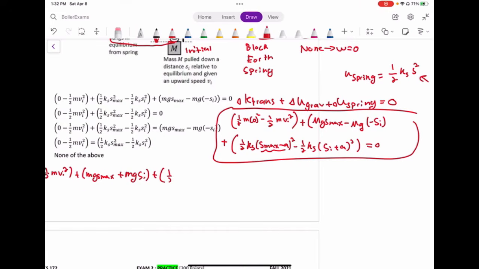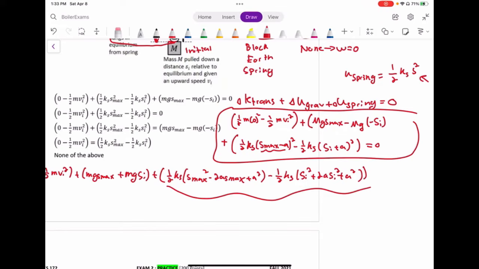So that's going to turn into half ks (s max squared minus 2a s max plus a squared), and then we are going to get minus half ks (si squared plus 2a si plus a squared). And then closed. So this whole thing is our change in spring potential energy.